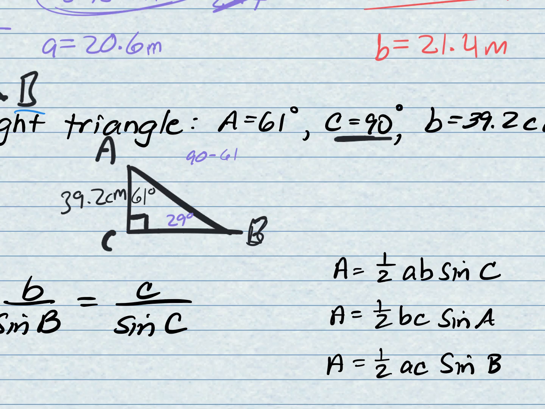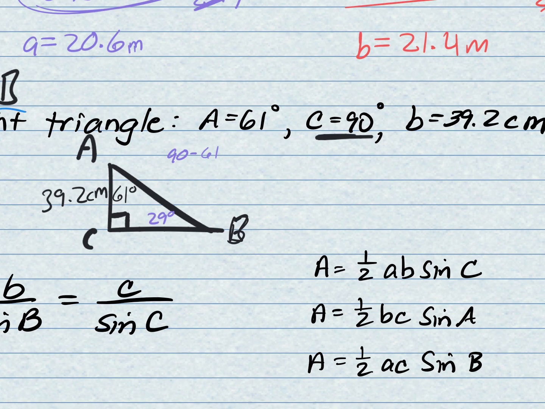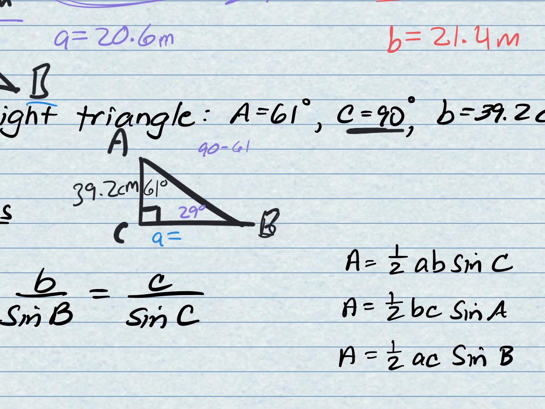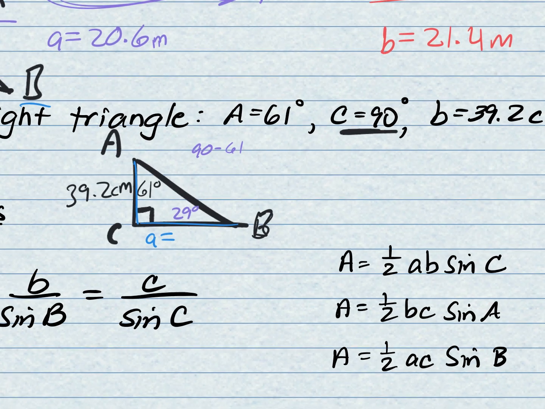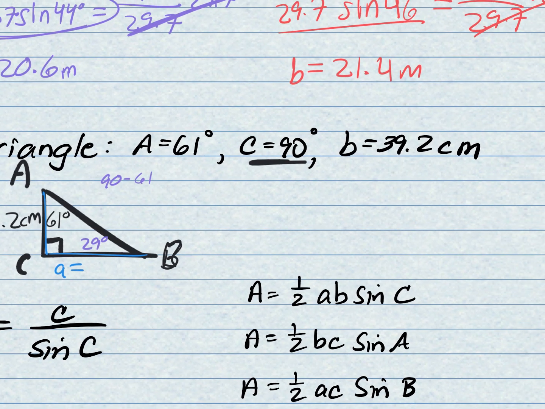So now we can use SOHCAHTOA to figure out the rest of our sides. Let's try to find side A. A is one of our legs, and we are given one of our legs. So two legs, they're either going to be an opposite or an adjacent, so we should use tangent.